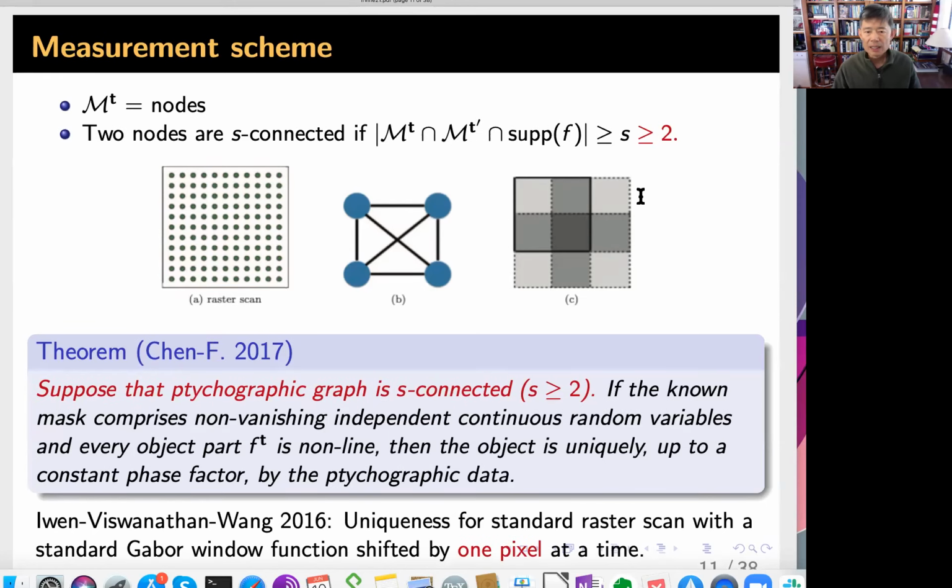Now I'm going to look at a case where I have a raster scan here. This is the first probe. This is my object domain, right? The second probe will be moved to here, and the third probe will be moved to here, and by the periodic boundary condition, there as well.